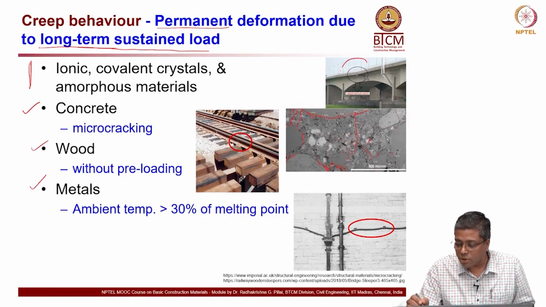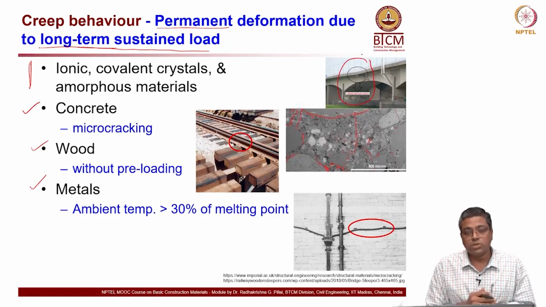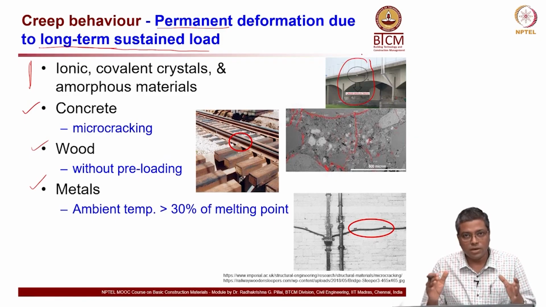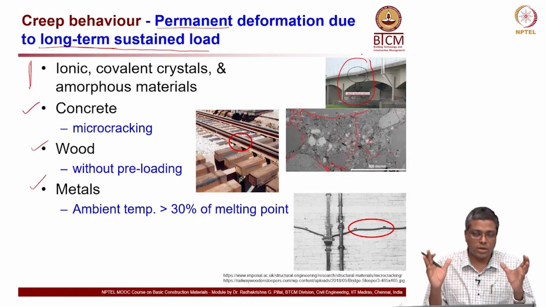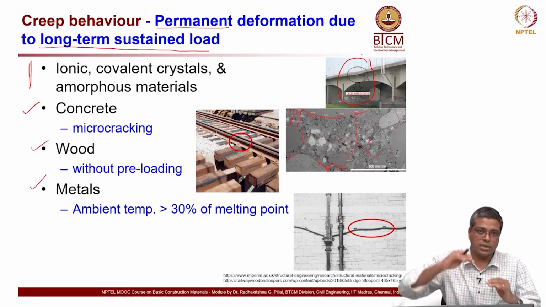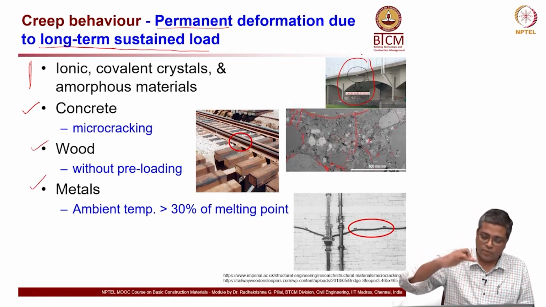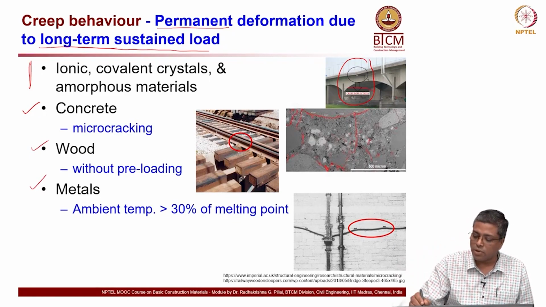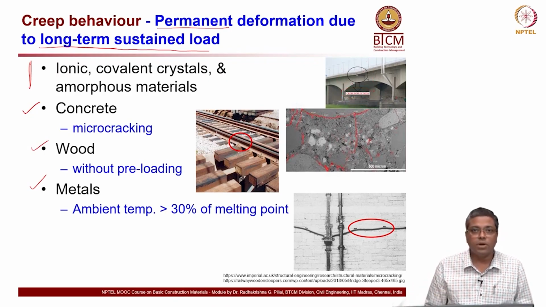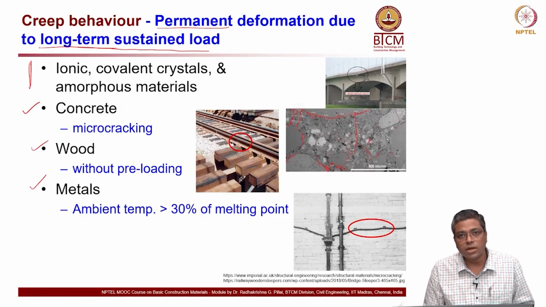Here is an example of a bridge which showed creep deformation, which took several years to show, not in 1 day or 2 days, not immediately after the construction. After a long time, because of the heavy weight of the concrete itself, it started deflecting downward. You can see creep deflection written here. So, this is a very good example demonstrating that concrete can actually creep.